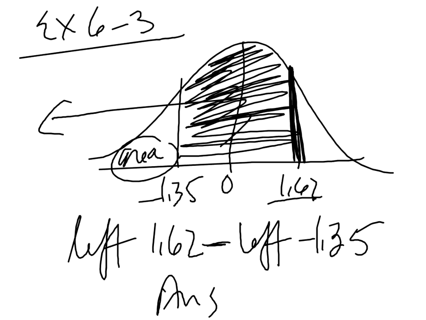The book tells us that the area to the left of 1.62 is 0.9474, and the area to the left of minus 1.35 is 0.0885. When we subtract the smaller number from the larger number, we end up with 0.8589, or 85.89% of the area of the graph.